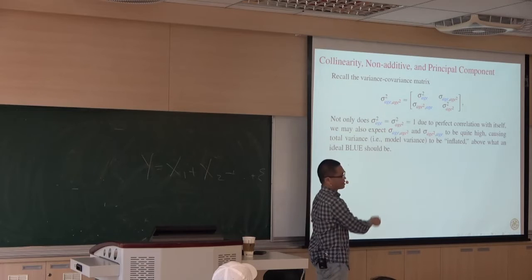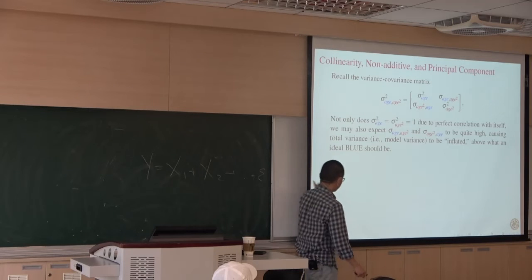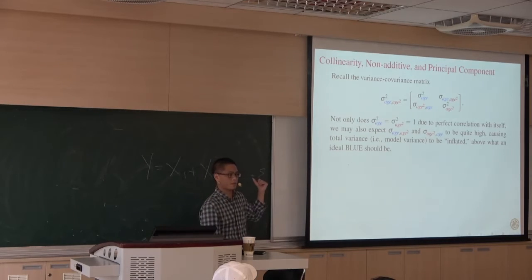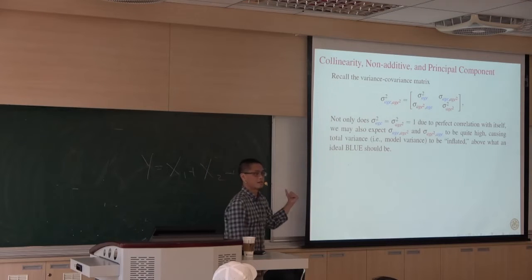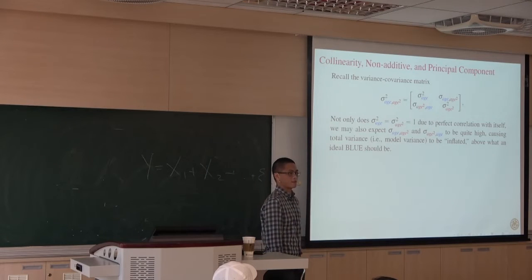Otherwise, we will have an extremely large variance, so that the standard error estimate will not be really precise, and this will affect our beta coefficient estimate.